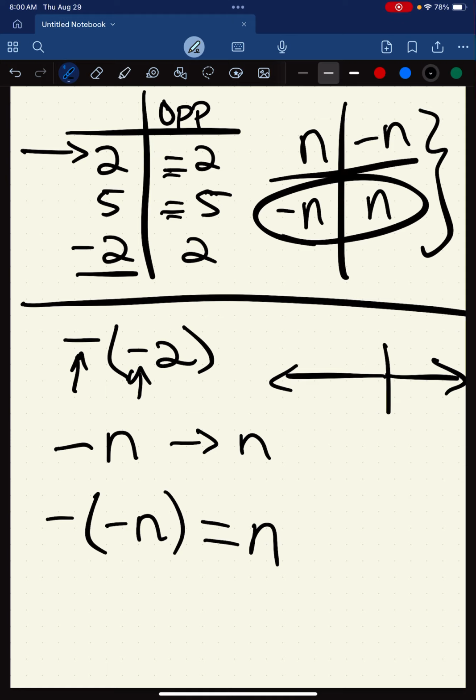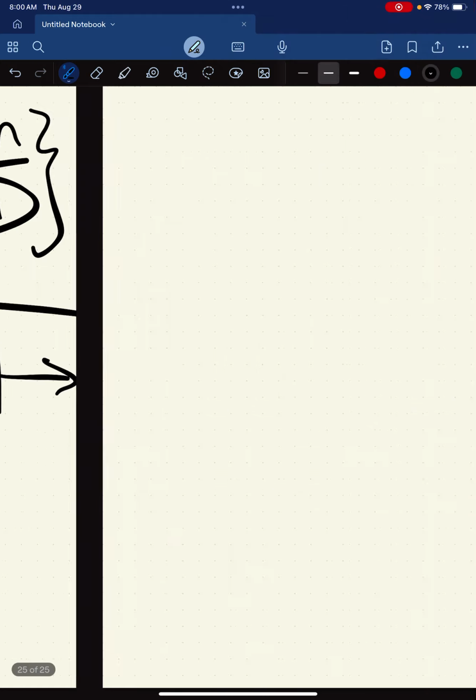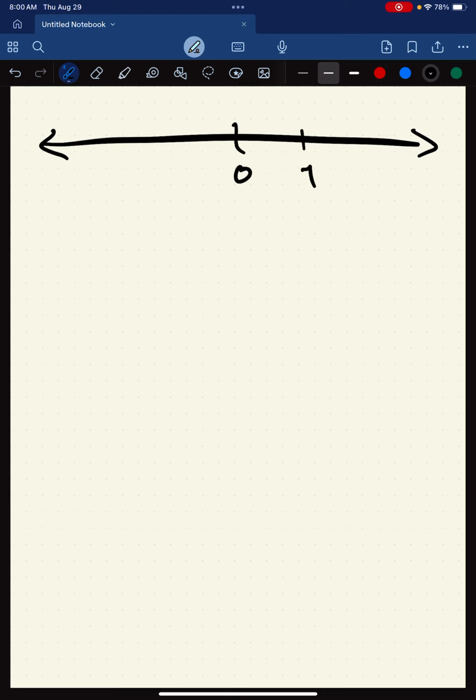There's one more thing I want to talk about, and that is absolute values. So I'm going to go ahead and draw a number line up here again. 0, 1, 2, -1, -2. And there's something to be said about, you know, we have 2 units to the right is 2, 2 units to the left is -2.